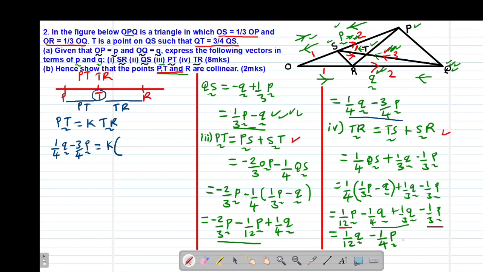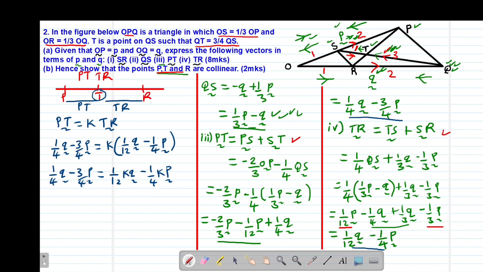Vector tr simplified into this, so this is 1 over 12 vector q minus a quarter vector p. So on opening the brackets, I'm going to have a quarter vector q, then minus 3 over 4 vector p being equal to 1 over 12 k vector q, then minus a quarter k vector p, of course where k is a constant.